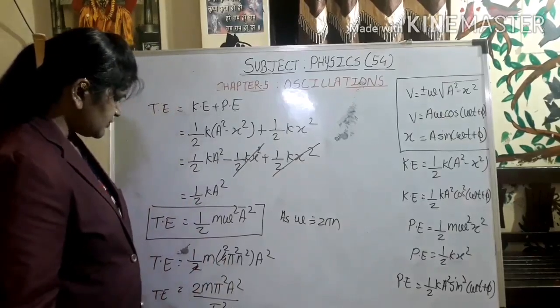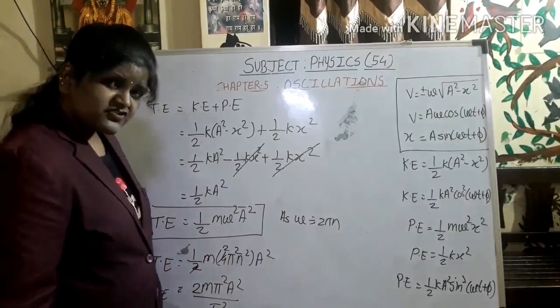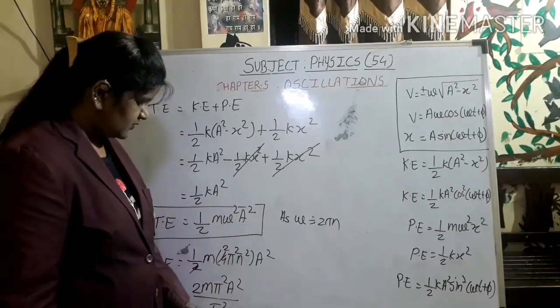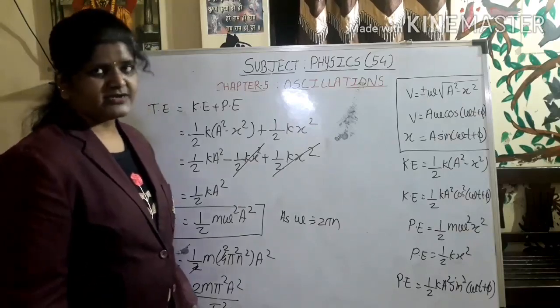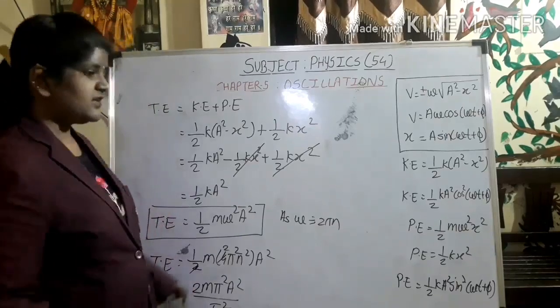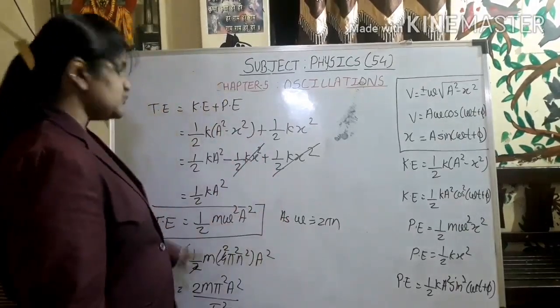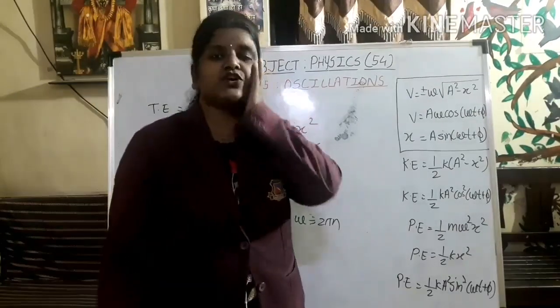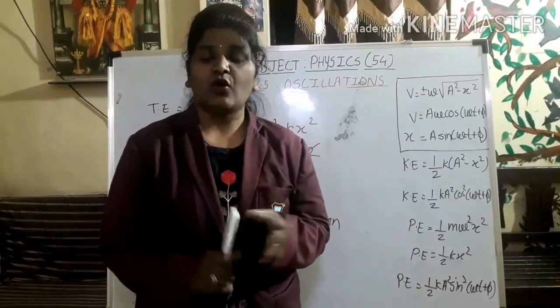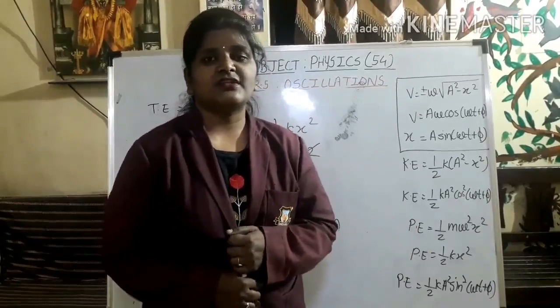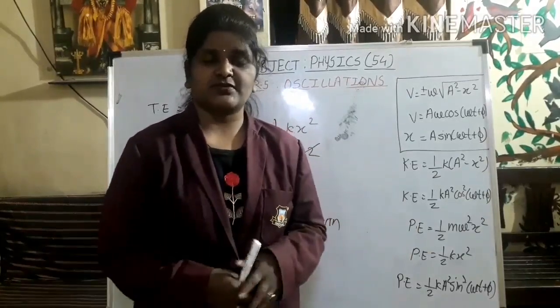So from this equation you can say that total energy is directly proportional to amplitude and inversely proportional to the periodic time. Okay, so if a question asks like this, show that the kinetic energy depends on mass, amplitude and time. Or if the question asks on what factors total energy depends, derive the necessary equation.